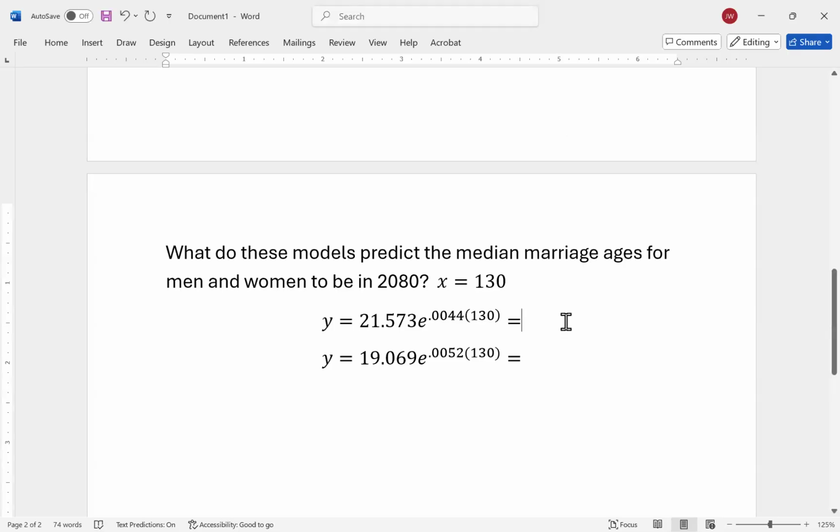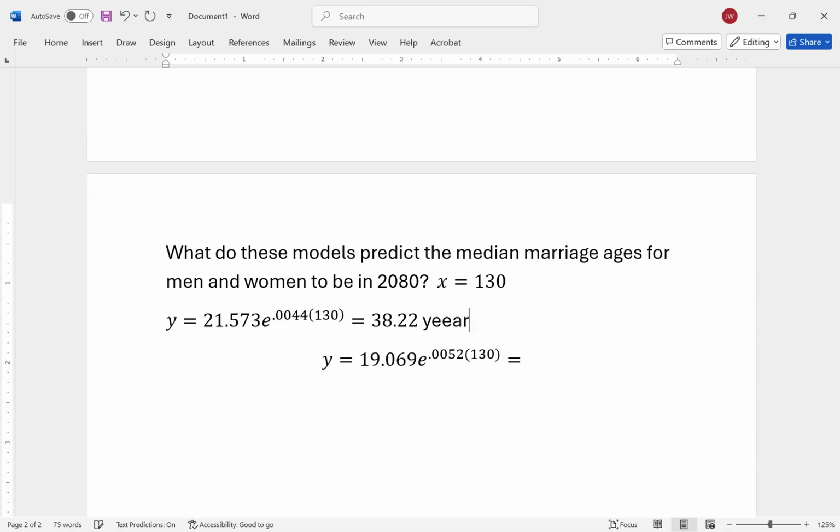These predictions would come out as 38.22 for men, and for women, it would come out as about 37.49.